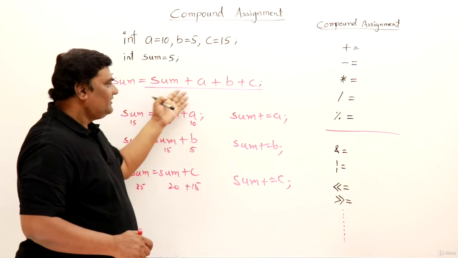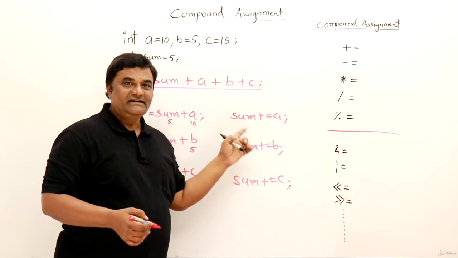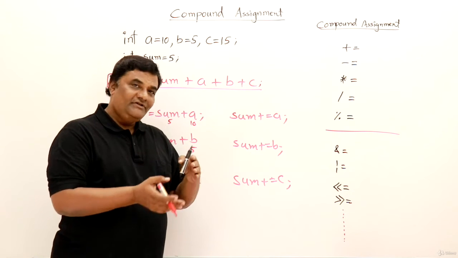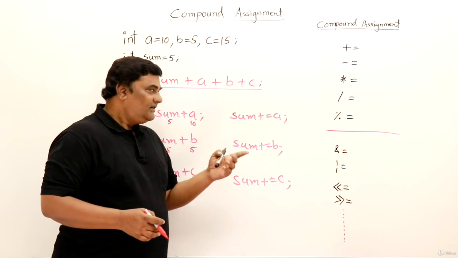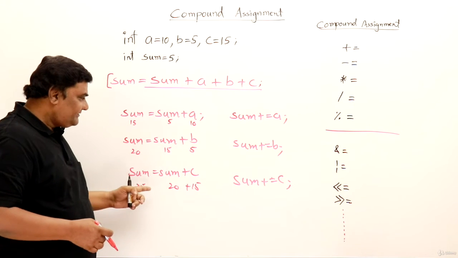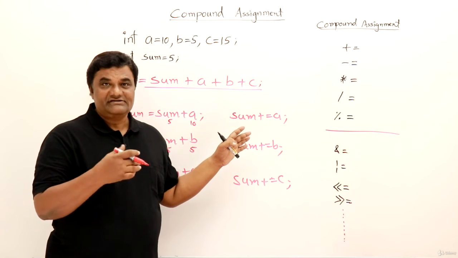So instead of adding all of them, I have broken them to give you the idea how this compound assignment operator is used. If you have to add more than one element one by one, that is repeatedly, then we can go for this. Actually, we need a statement like this. The same statement can be written like this. This gives more meaning and these are faster in C++.